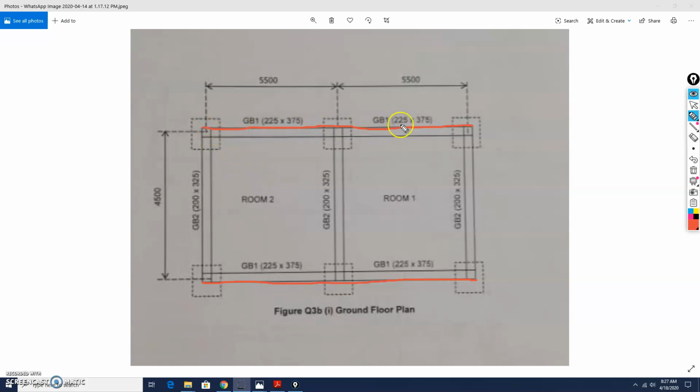So we have the first outer side here and the second outer side here. And then the length will be 5,500 plus 5,500 plus 1 half column here and another 1 half column here. So it will be 11.2 meter for the length. And then you need to multiply with the depth, which is 375 millimeter.